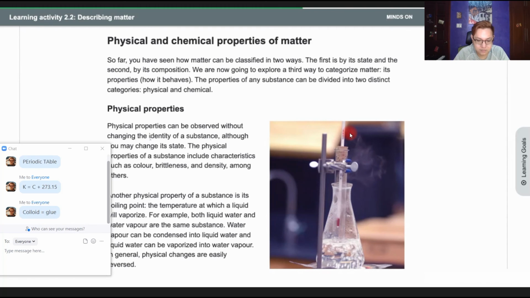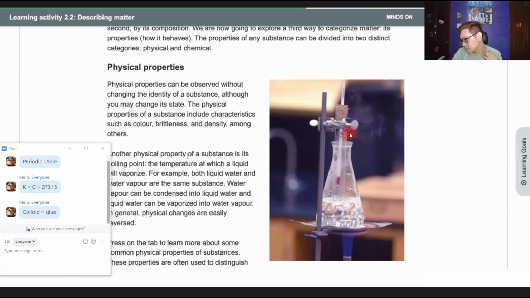Although you may change its state, physical properties include characteristics such as color, brittleness, and density, among others. Another physical property is boiling point, the temperature at which a liquid will vaporize.